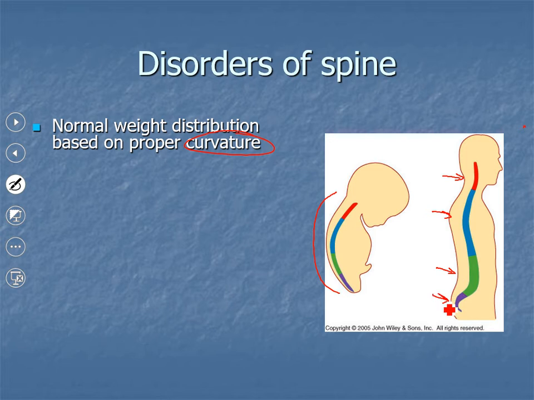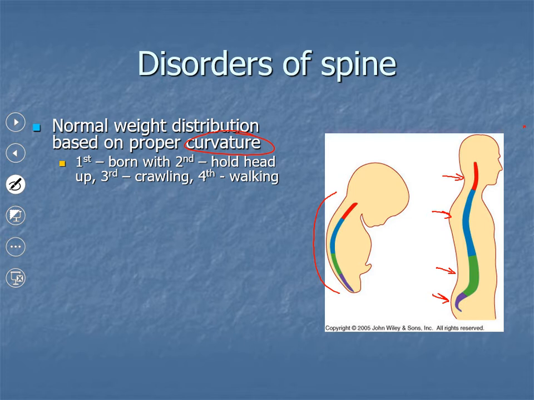So we're actually having 4 curves, and each curve presents itself at a different time of the life cycle. So for example, the first you're born with. So when you're born, you basically have one curve to your back.